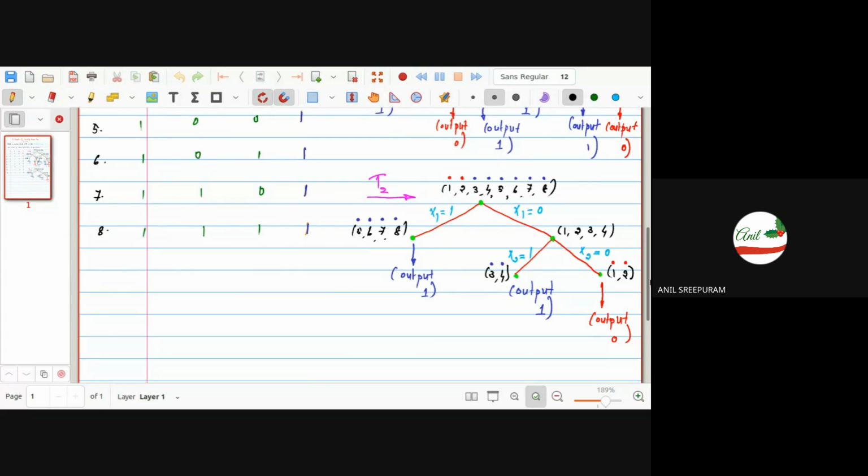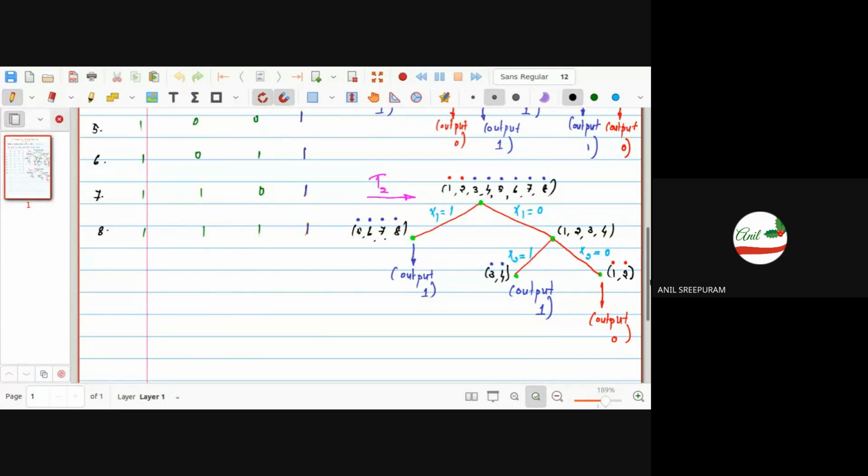But instead of checking x3 at the root node, at first I check x1. When I check x1, you can see that x1 equal to 1 holds only for the data 5, 6, 7, and 8. So that test corresponds to a set of samples whose category is the same.